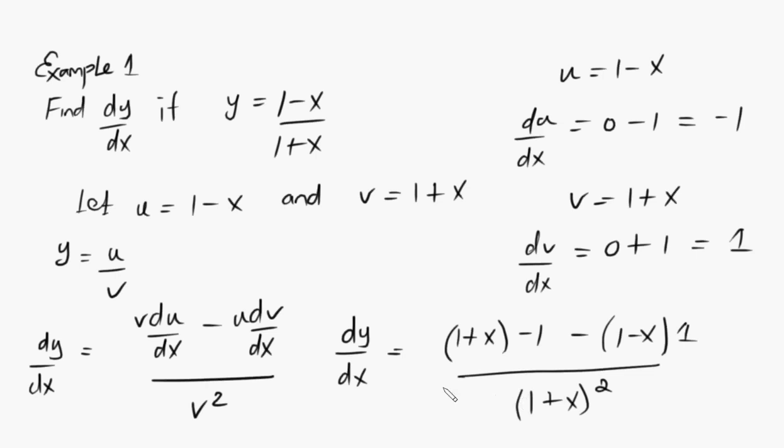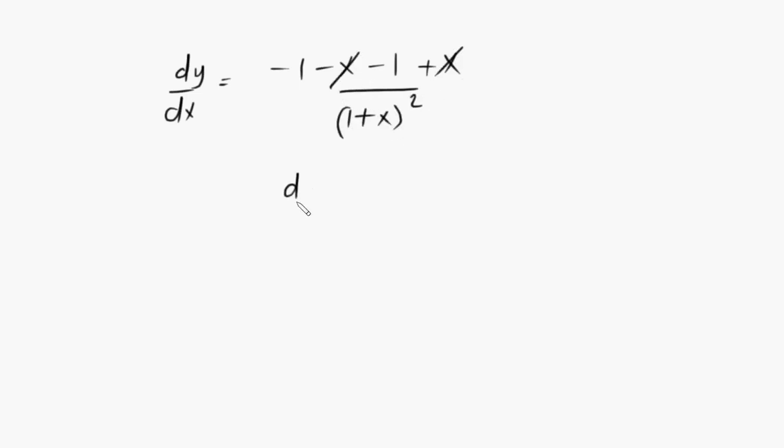So my dy/dx is just negative 1 minus x minus 1 plus x over 1 plus x squared. So this x goes, so dy/dx is just going to be equal to negative 2 over 1 plus x squared.